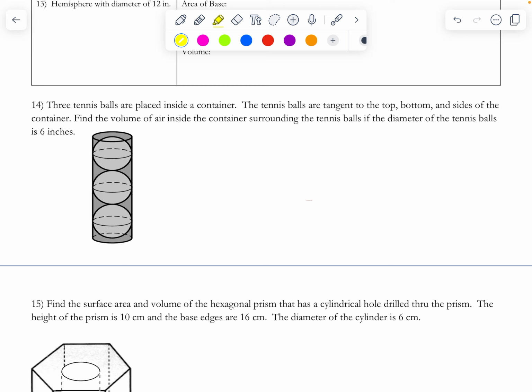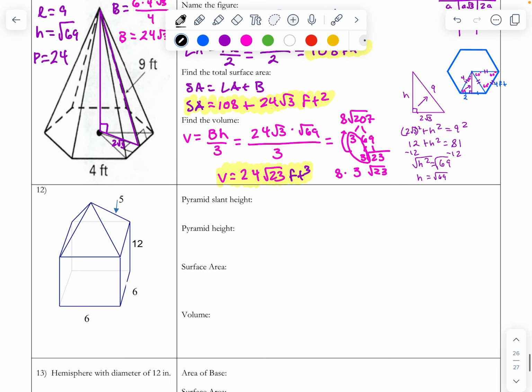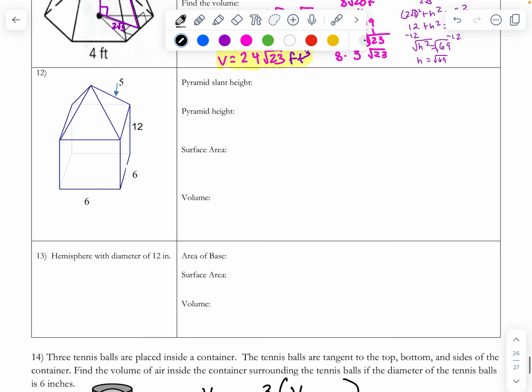So what we need to do, and I'm not going to set this up, I'm just going to tell you how to do it, is we need to find the volume of the cylinder, then subtract away, it looks like we have 1, 2, 3 tennis balls, so we will have to subtract away the volume of 3 tennis balls, in this case being spheres. So now you should be able to solve for that one, and you should be all set.